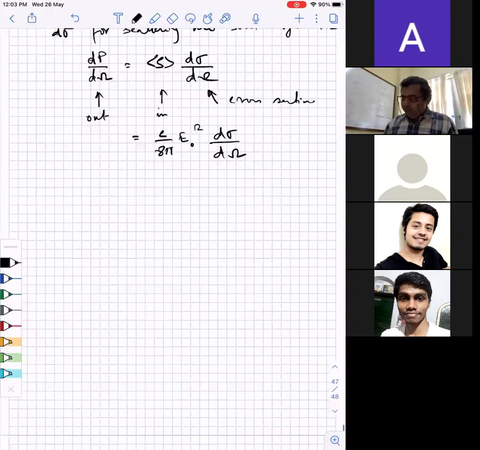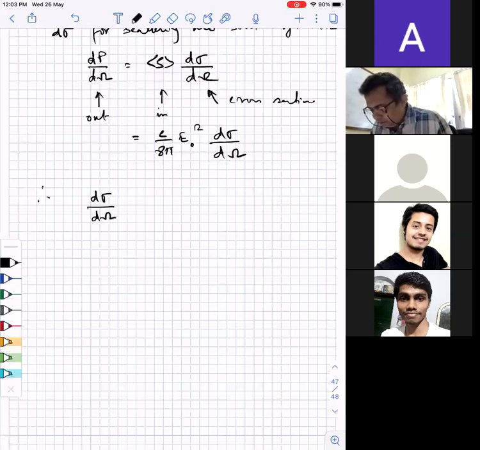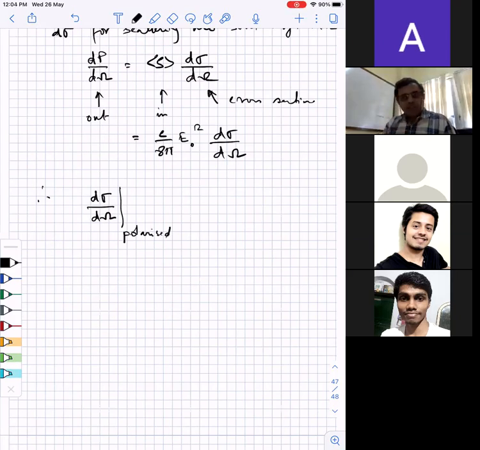So therefore, I can write down the cross section for Thomson scattering. Therefore, my d sigma d omega is, and let me actually write down polarized over here, because the incident radiation was polarized. The outgoing radiation is also polarized. Both are linearly polarized. Remember that. That is this divided by c by 8 pi E0 squared.